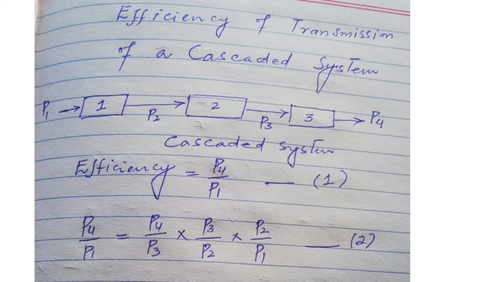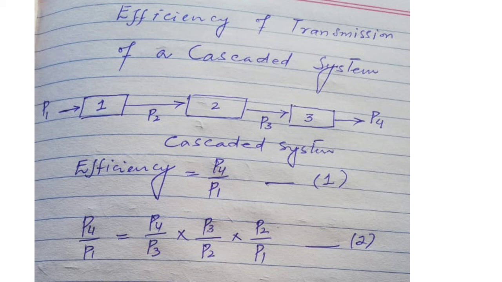So the overall transmission efficiency of this cascaded system can be calculated with the help of equation number 2. So this P4 by P1 will be equal to the transmission efficiency of block number 3 multiplied by the transmission efficiency of block number 2 multiplied by the transmission efficiency of block number 1.